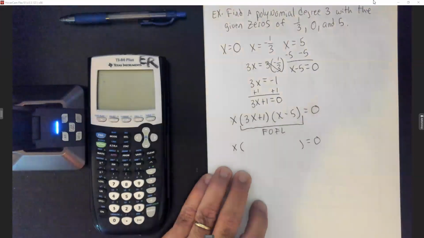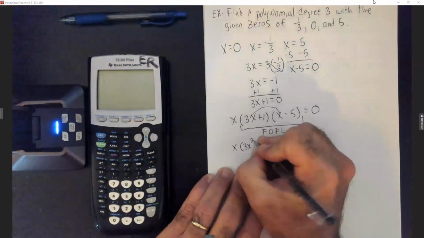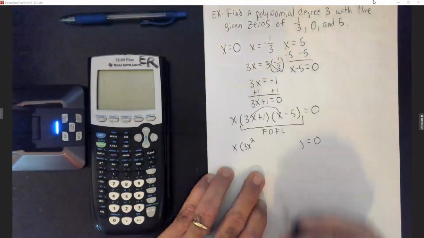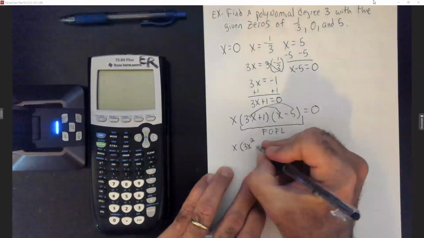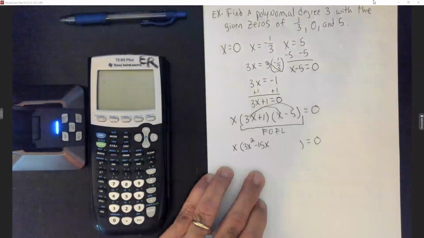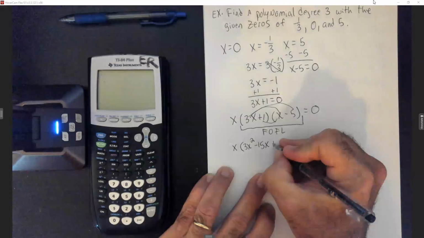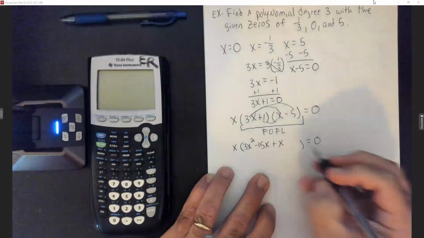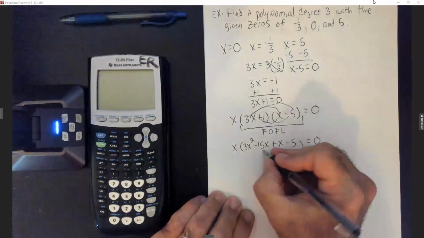All right, y'all, here we go. 3x times x is a 3x squared. 3x times negative 5 is a negative 15x. 1 times x is a 1x. And then 1 times negative 5 is a negative 5. Now, before I mess with this x, I do have like terms I'm going to add in the middle.